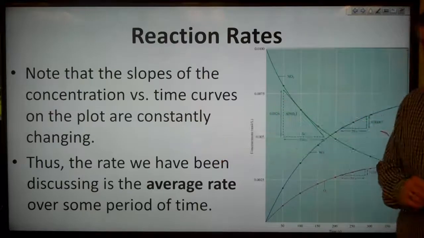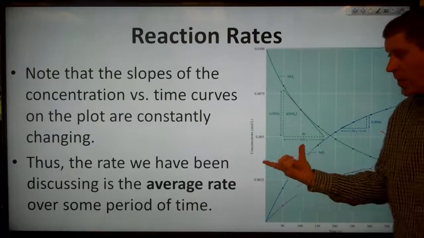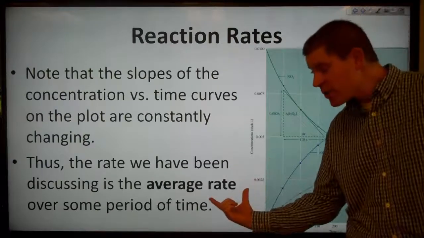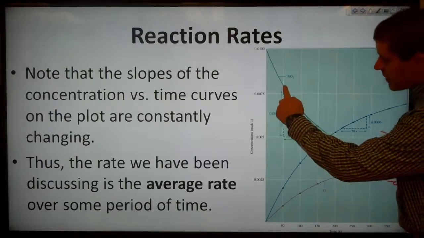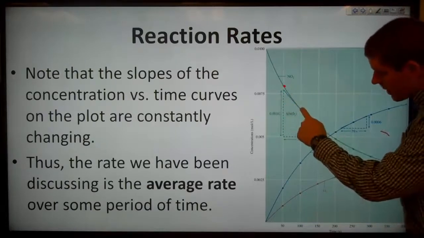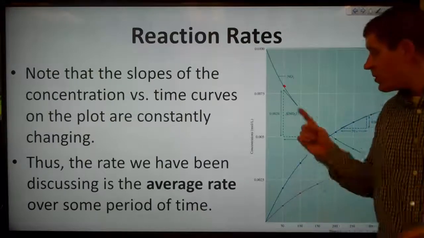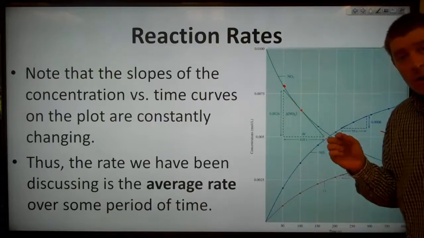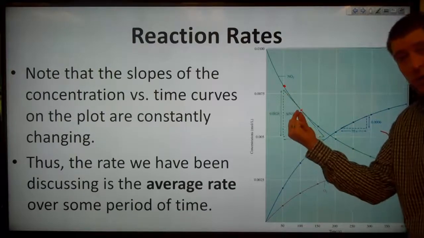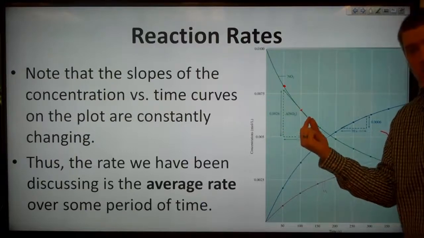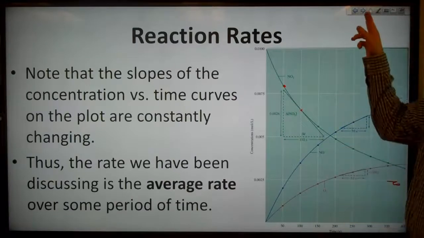But let's go back to our rates. Because the rate is changing over time, the rate that we're talking about is the average rate over some period of time. If you look at the time from, say, this point here to that point there, the rate we're talking about is the average rate between those 2 points. We're not talking about an instantaneous rate, how fast the reaction is occurring at some point in between. We're talking about the average between one red dot and the other.